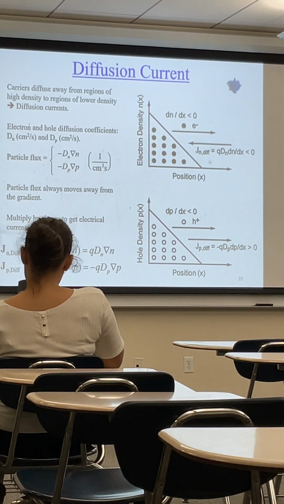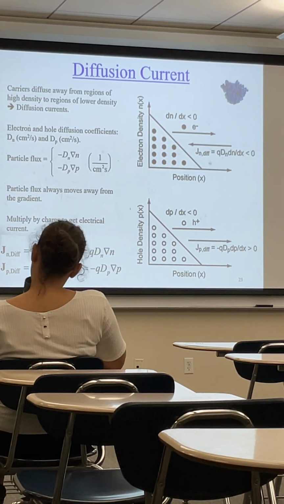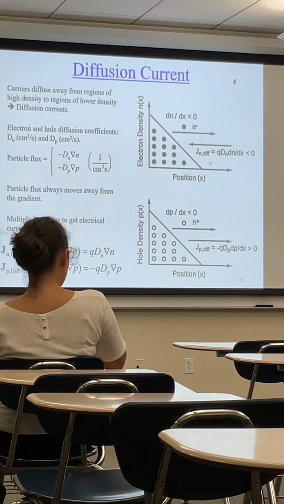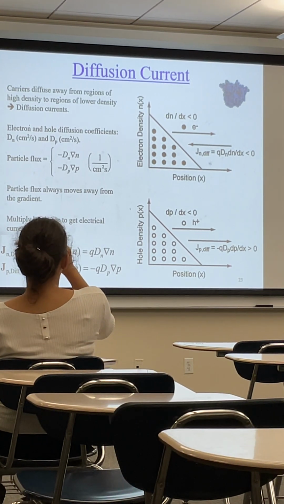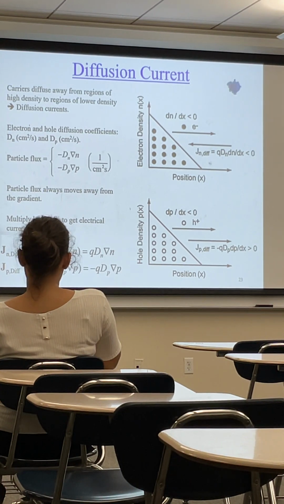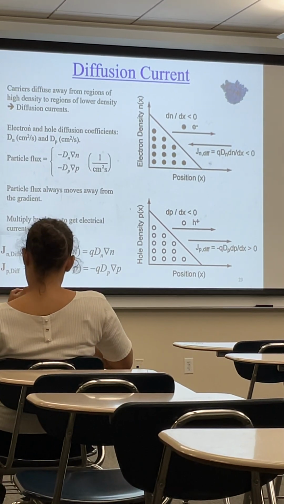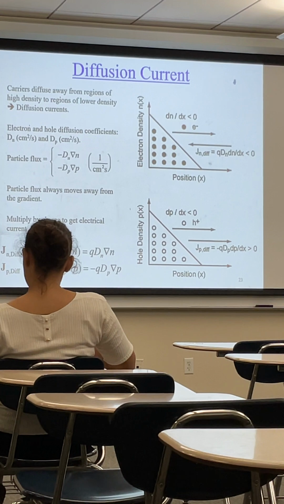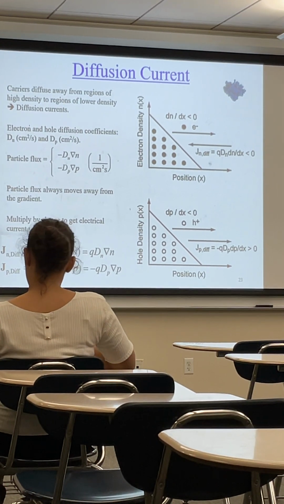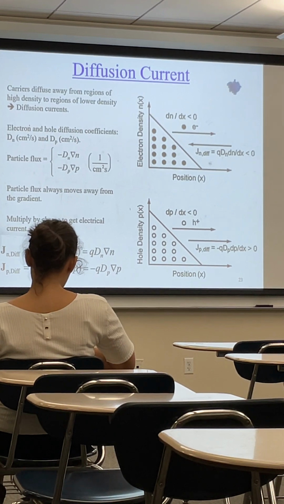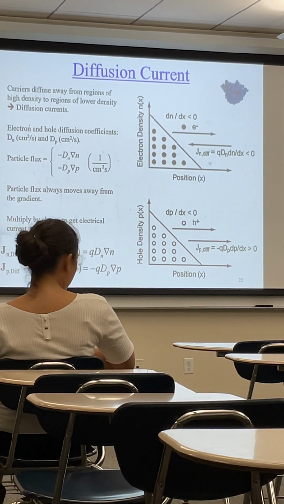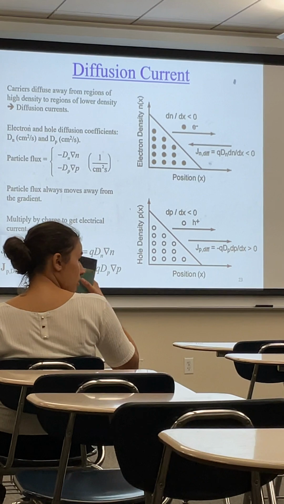Then we can try to determine the particle flux. This particle flux is related to the diffusion coefficient. The diffusion coefficient is defined as the particle flux weighted by the carrier concentration gradient.